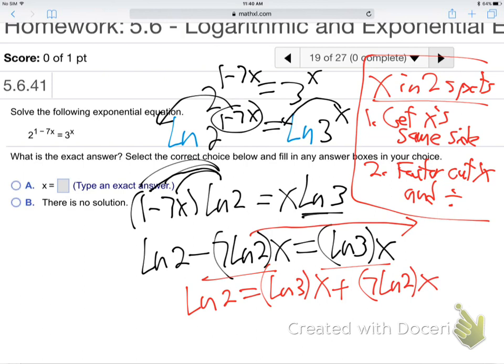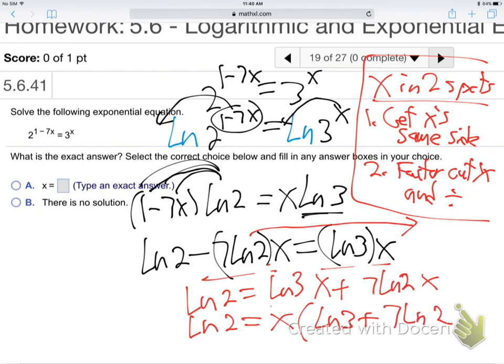Let me bring it over. Well, let me factor out the x now. ln3, and if these parentheses are confusing, you can take them off. You don't need them. I'm trying to be more clear, but maybe they're more confusing. Take them off if they're bugging you. Not required. Maybe just leave it like that. Plus 7 ln2. Is that good?